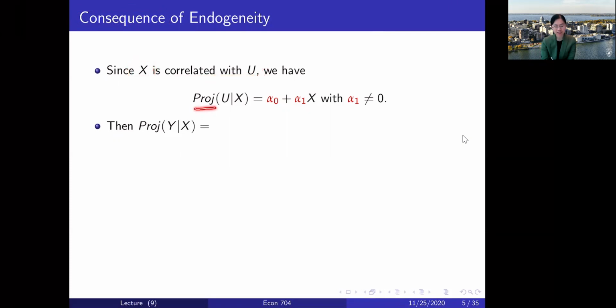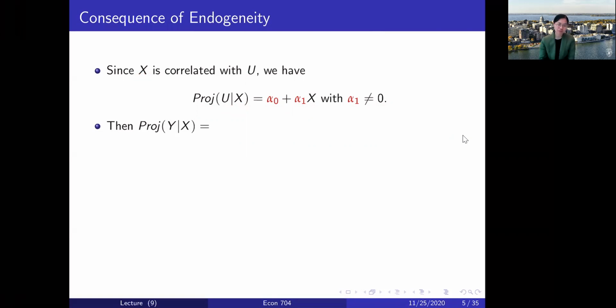Then when you project u on X, you are not going to get a constant, but instead you're going to get a non-trivial function of X. So when you project u on X, you're going to get alpha 0 plus alpha 1 times x, where alpha 1 is not 0 whenever x is correlated with u.